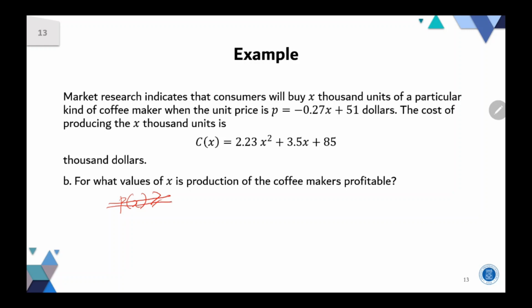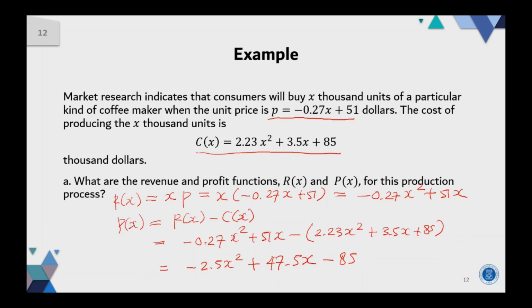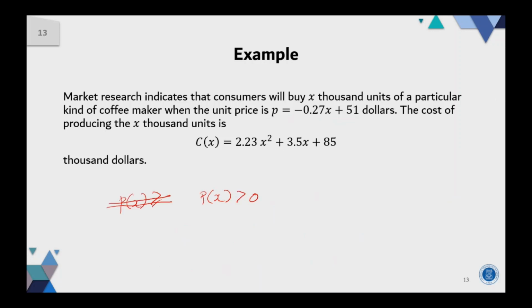Yeah, because equal 0 means there is no profit. So we have profit greater than 0. Yeah, and then from before we have this function, sorry. So I can rewrite it: minus 2.5x squared plus 47x minus 85 should be greater than 0.